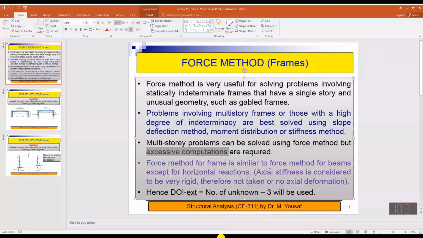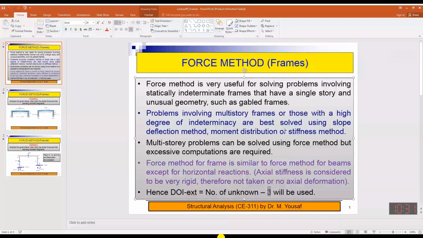Also, it will be producing the moment for the column. So, external degree of indeterminacy is as usual the total number of unknowns minus 3, and 3 is representing the number of equilibrium equations which are available. So it is regarding the frames.